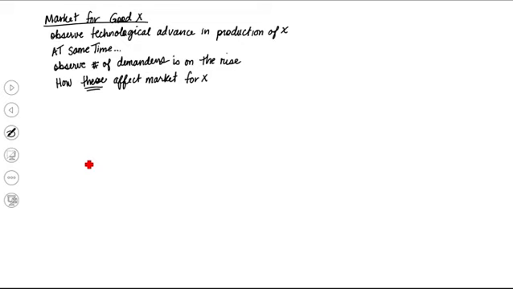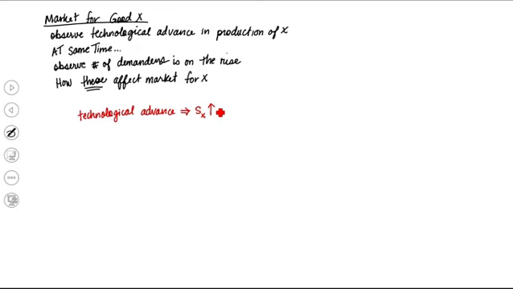Well, we know that the first shock is that there's a technological advance. We know that a technological advance is going to be a supply shift, right? So you need to tell me technological advance is going to cause supply of X to do what? Increase.